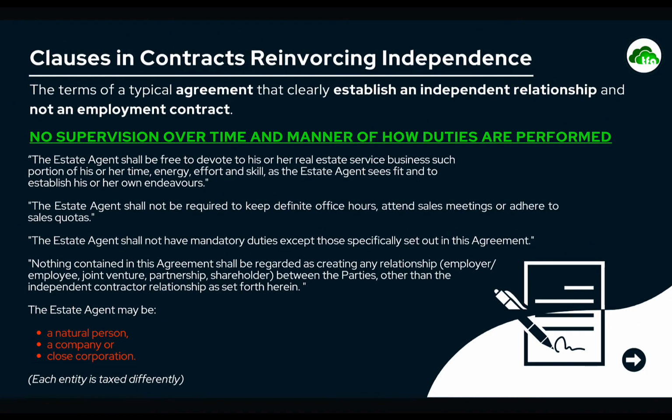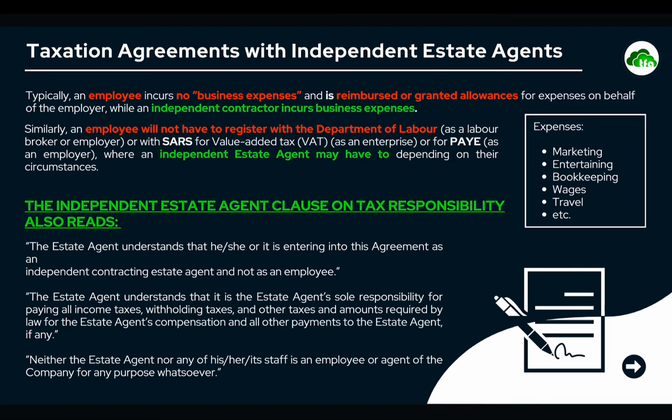Another clause that may point to the fact that there is not an employee-employer relationship is that the estate agent may be a natural person, a company, or a closed corporation. Each of these entities is taxed differently. A contract can also go as far as to include certain taxation agreements to remove any doubt about the agent's independence.